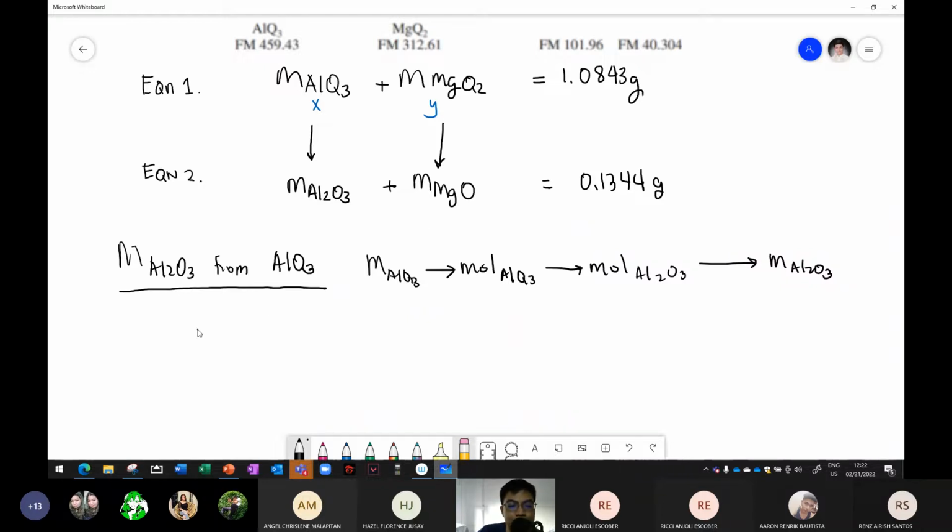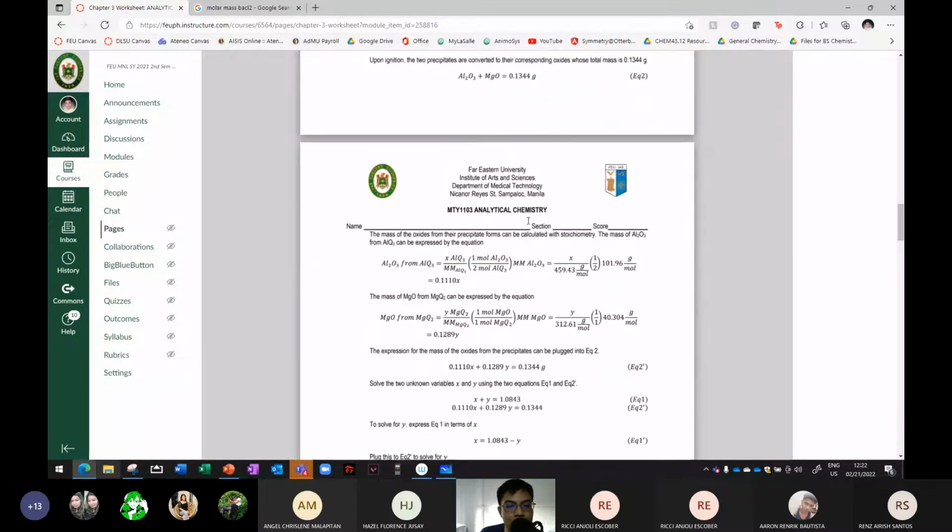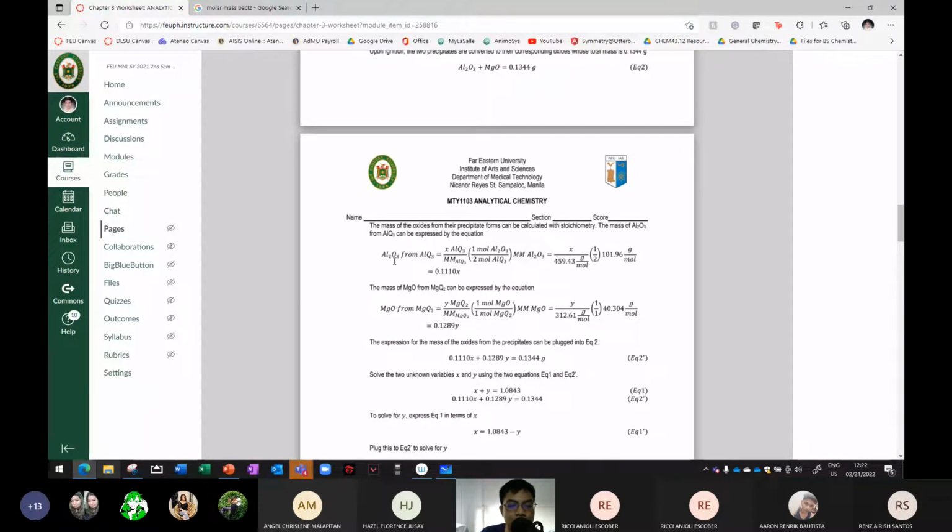In equation form, it looks like this. So that's mass of AlQ3 divided by the molar mass AlQ3. By the way, kung nakikita nyo, parang kakaiba yung nasa worksheet. Alam ko ang ginawa ko dito. Ay, hindi, yun din pala.